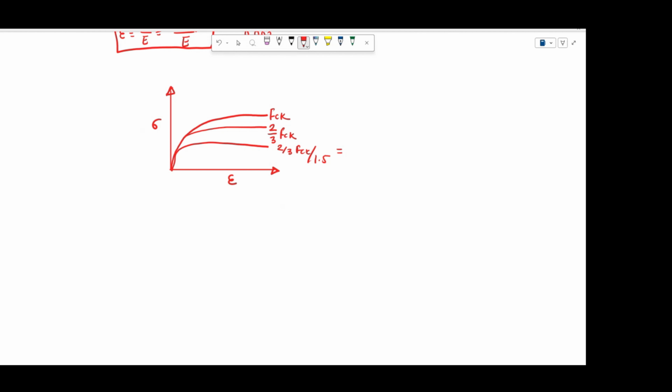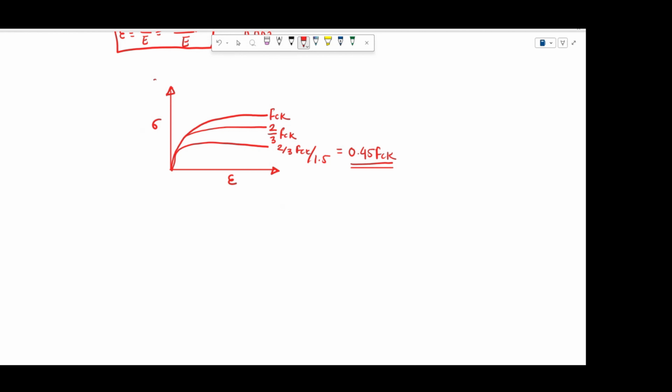If I divide it by 1.5, that is 0.67 divided by 1.5, this value comes out to be 0.45 fck. So that's how this 0.45 fck that you might have seen in many equations comes about. This is how the 0.45 fck comes into the picture.